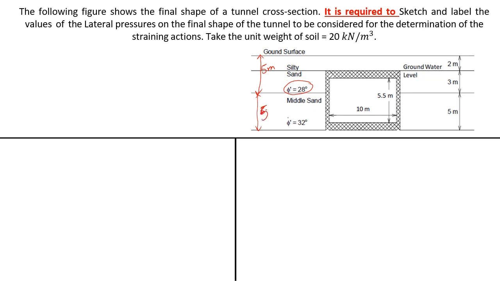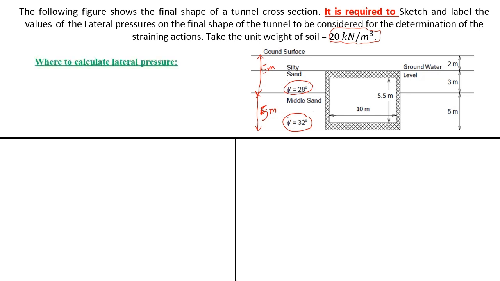This is 5 meters. Take the unit weight of the soil as 20 kilonewton per meter cube. This is the saturated unit weight of the soil for the problem under investigation.